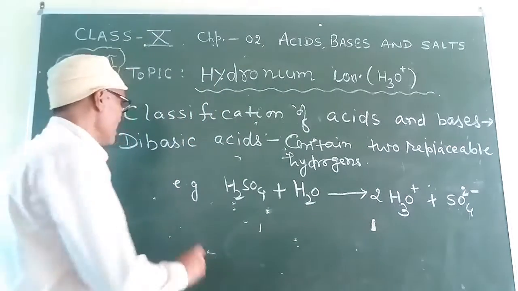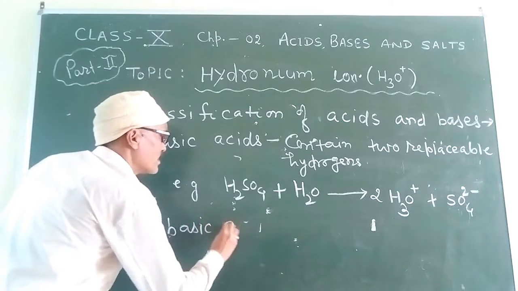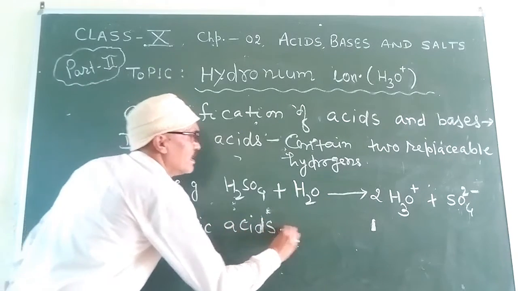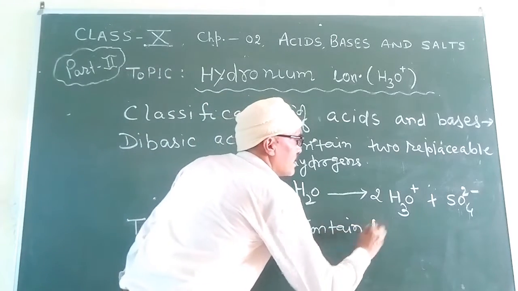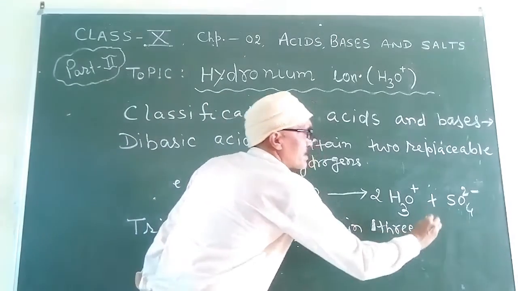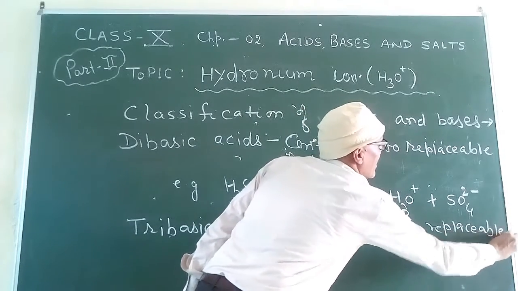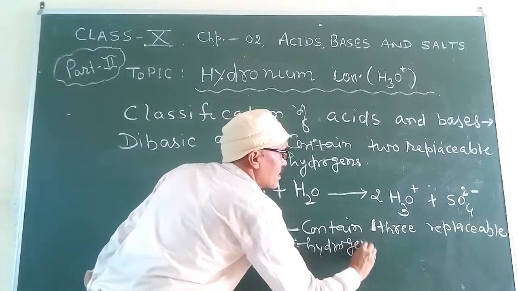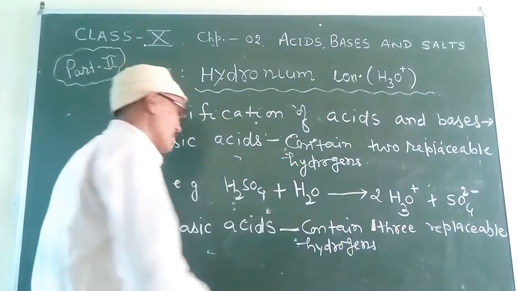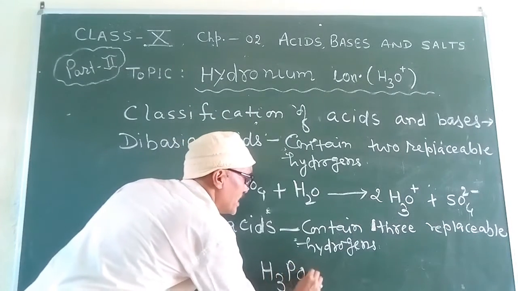In the similar way, tribasic acids contain three replaceable hydrogens. For example, you can say phosphoric acid, H3PO4.